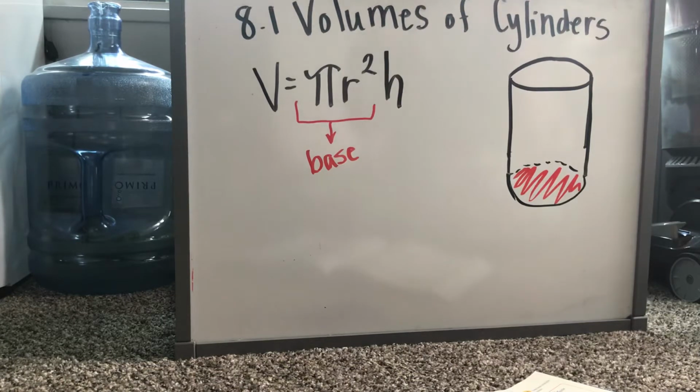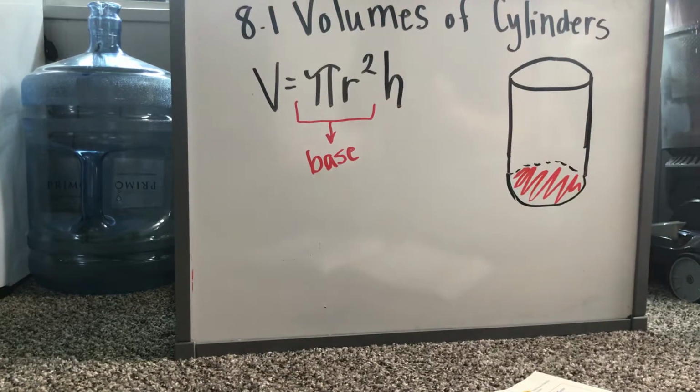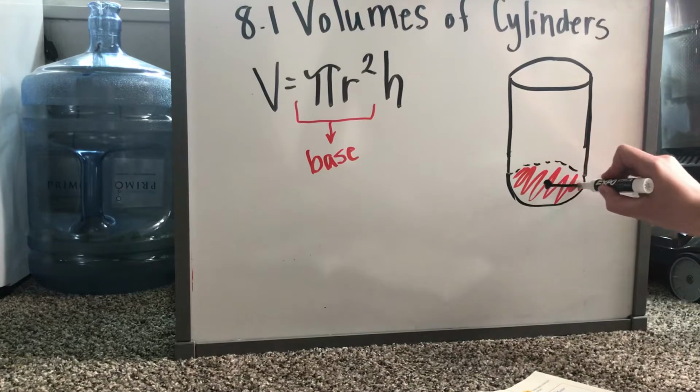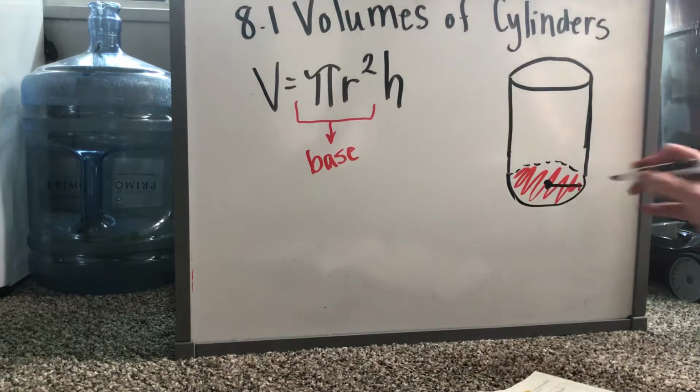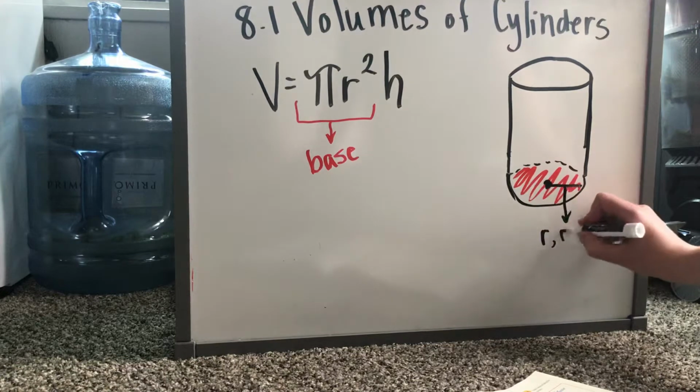If we're going to find the area of a circle, the area is the radius multiplied by itself, so the radius squared, and then multiplied by pi. And our radius is how far it is from the center of the circle to the outside of the circle. So this will be r, or our radius.